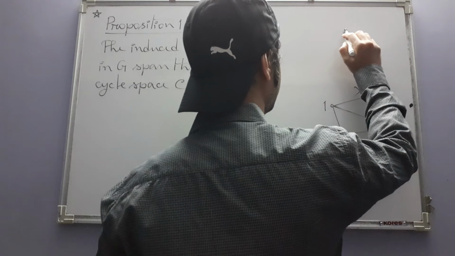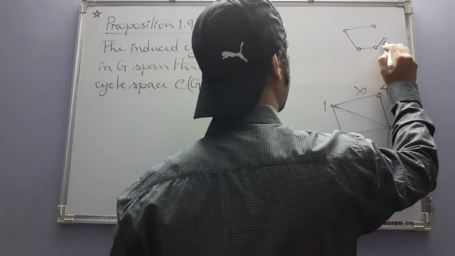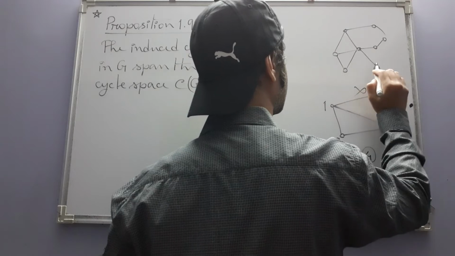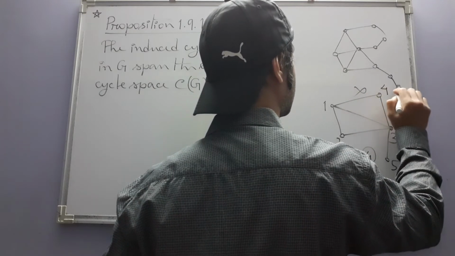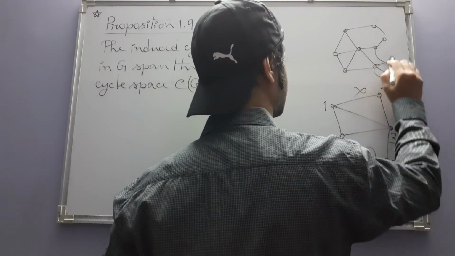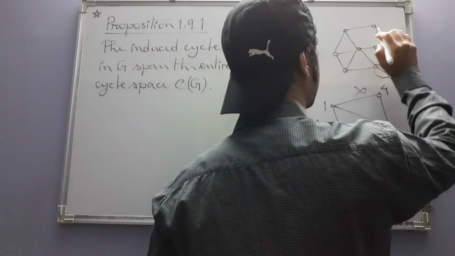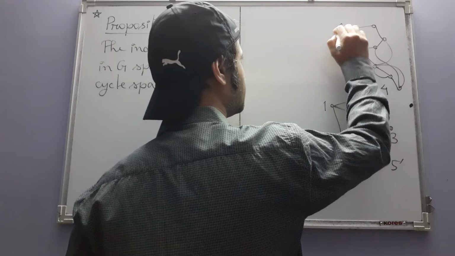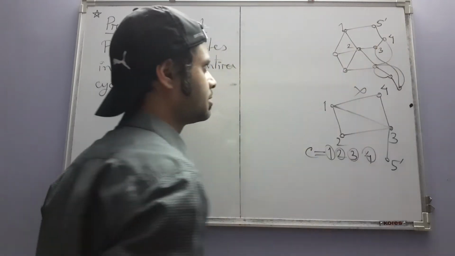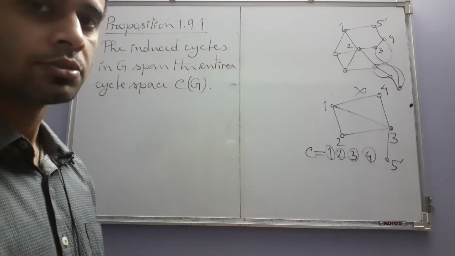However, if you have a graph like this, a very complicated graph, something like this, there are edges, we don't really know how they are going, but in this graph, this cycle, in spite of so many edges and so many vertices, the cycle 1, 2, 3, 4, 5 is an induced cycle.